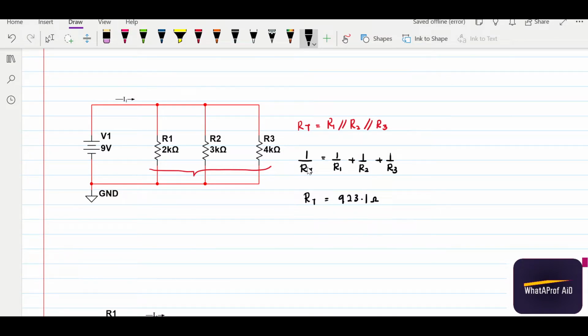Okay, so then if you want to redraw the circuit, we can redraw it in such a way that you have one power supply and one resistor to understand better. So this is the R total, this is 9 volt, and we want to find the I1 now. Similar to before, we can apply the Ohm's law here.